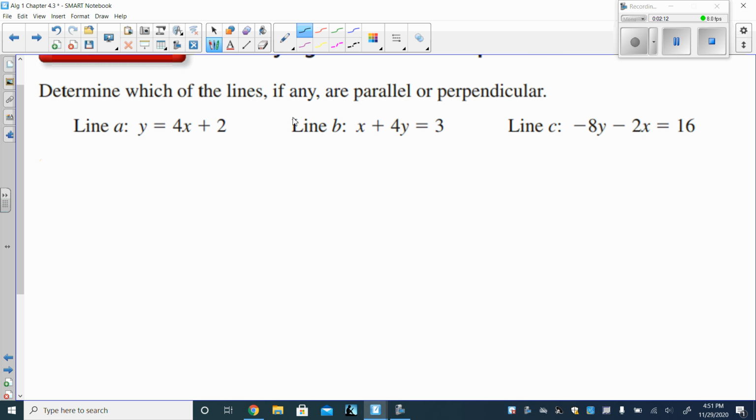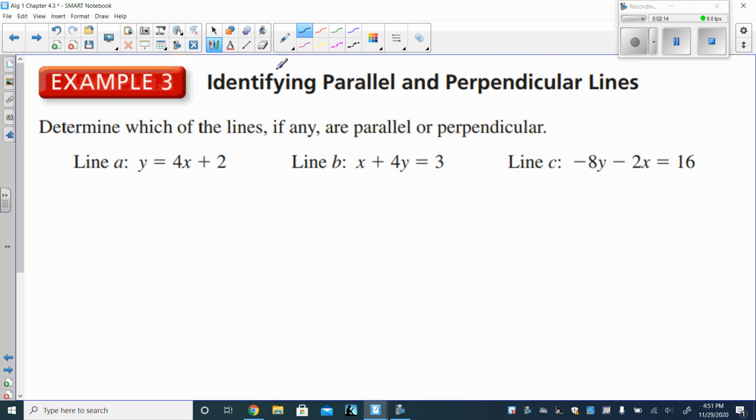And so what we're going to do first is identify whether lines are parallel or perpendicular, if they are. It could be neither. We're looking at the slopes, because the slopes tell us if the lines are parallel or perpendicular. If the slopes are the same, then the lines are parallel.